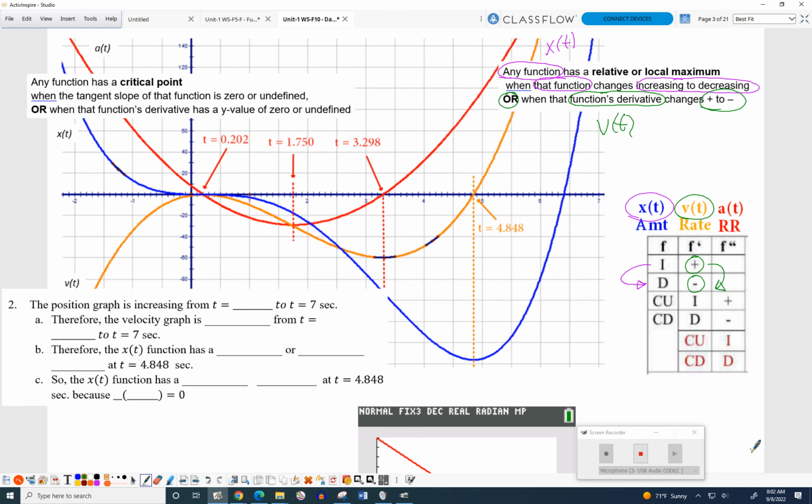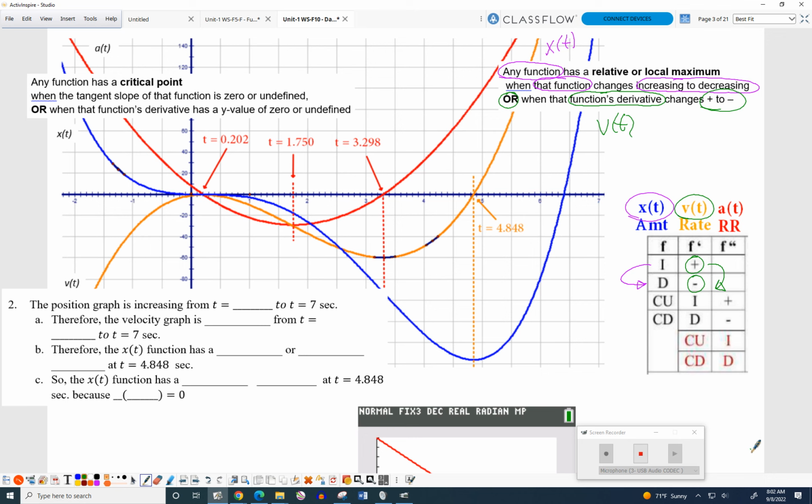So using that definition, raise your hand if you could tell me, it's kind of a trick question, where does the position graph have a relative maximum? Raise your hand if you know. It's a bit of a trick question. So using this definition that we just talked about, where does the position graph have a relative maximum? Keep your hands up for a second.